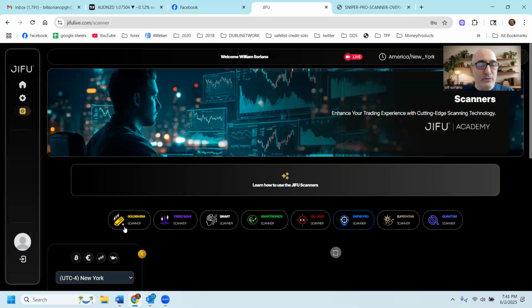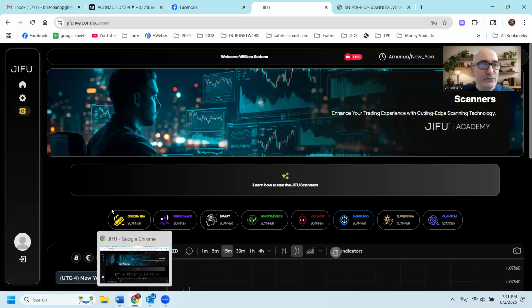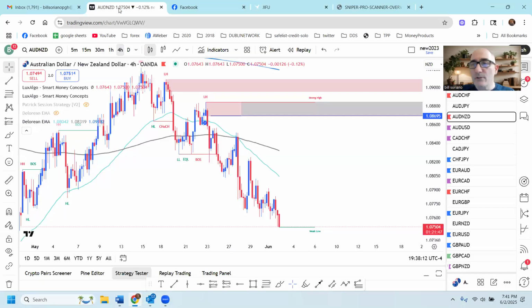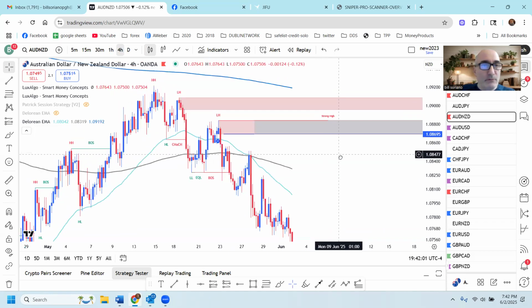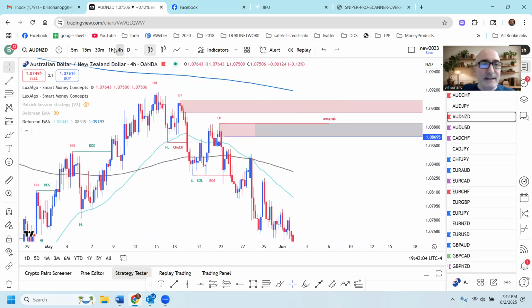Let's look at our trend. Remember, we have to go back to TradingView to get our trend because we like to use the 3 moving averages, not just the 1 moving average like the scanner does. Okay. So when we look at AUDNZD again on the 4-hour time frame, that's a higher time frame for the trend. We take the trade on the 15-minute.